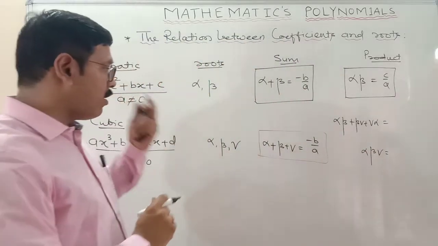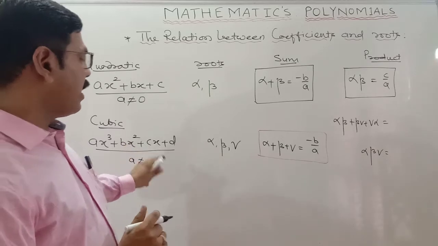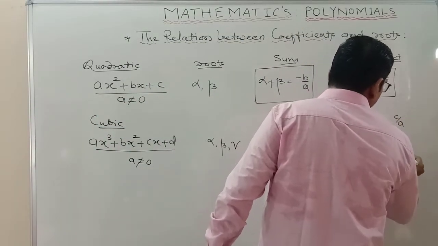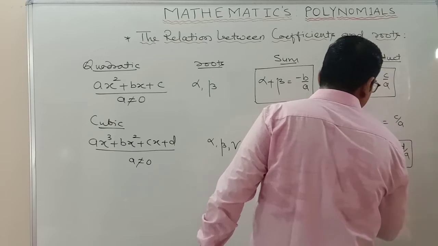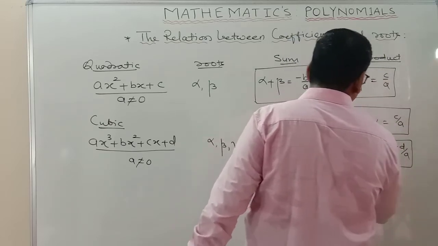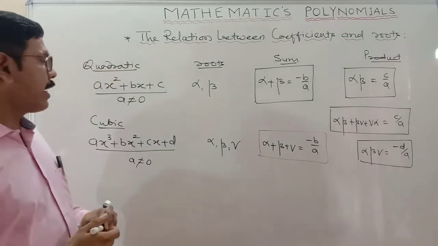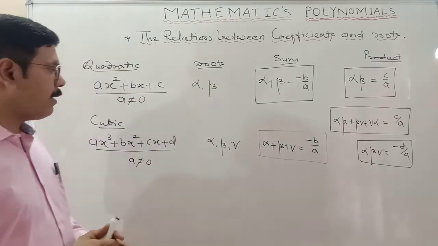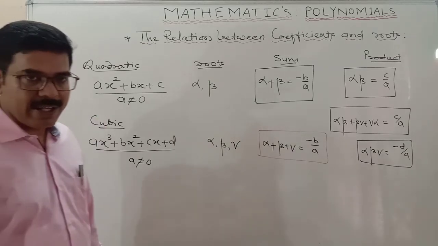The value of this is c upon a, and the last is minus d upon a. That is quite simple. So these are again the relations between the coefficients and the roots. You must note that down.